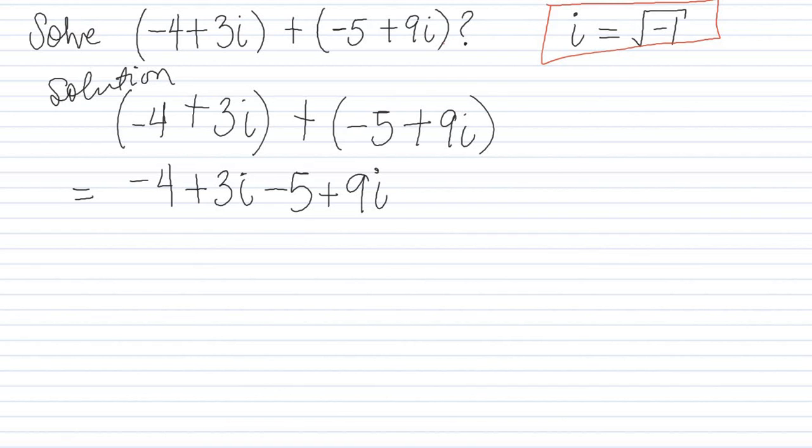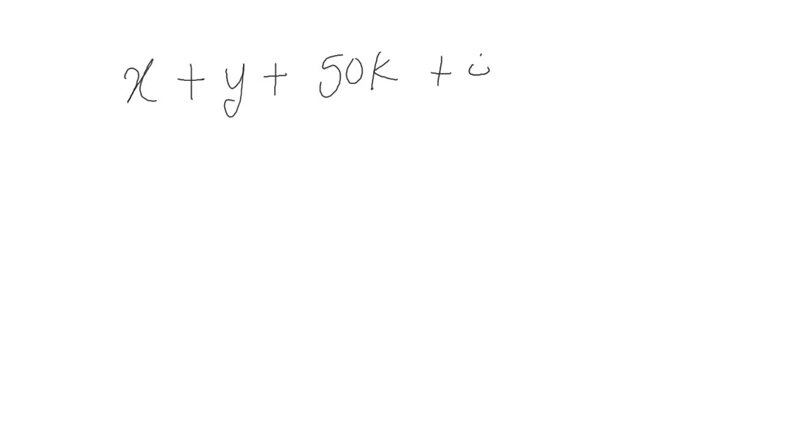Now you may be wondering, we've removed the brackets and we're just working with the terms themselves. What next do you have to do? Well, the way you're going to work with imaginary numbers is to imagine that the imaginary numbers are like variables. So for example, you're given x plus y plus 50k plus 4 plus 2x plus 9y minus 40k plus 57.